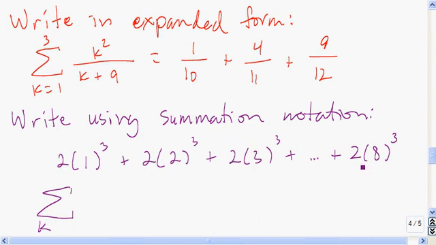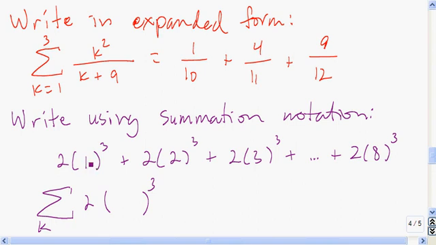What does not change is that everything has a 2 times. So it's going to be 2 times. What else does not change? Well, the exponent does not change. It's always 3. If it doesn't change from one term to the next, it's just going to be there as a constant in your formula. Now I find the thing that is changing from one term to the next.